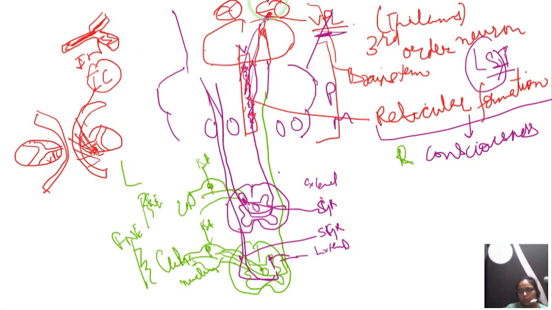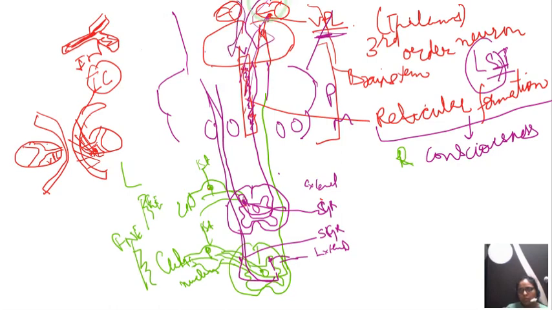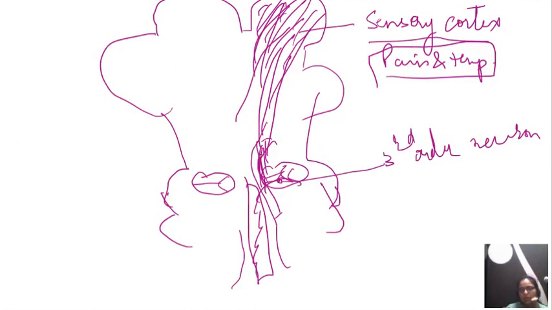After terminating there, it sends its radiations to the internal capsule, the intralaminar nuclei and the brainstem nuclei, which is called the reticular formation. Fine. And then further it sends its impulses to the sensory cortex, and from here it sends pain and temperature.